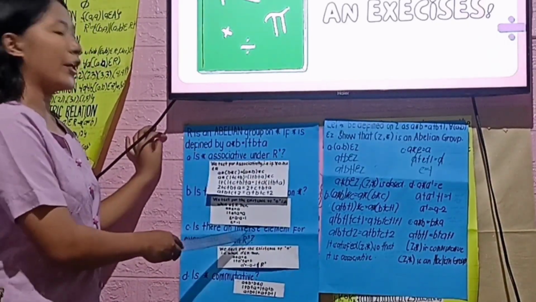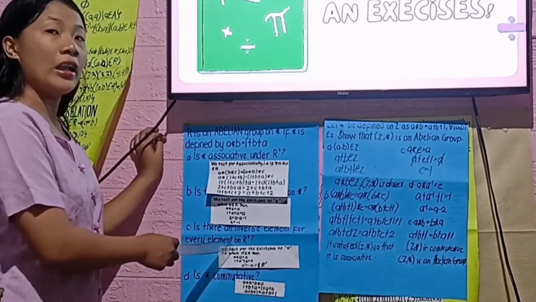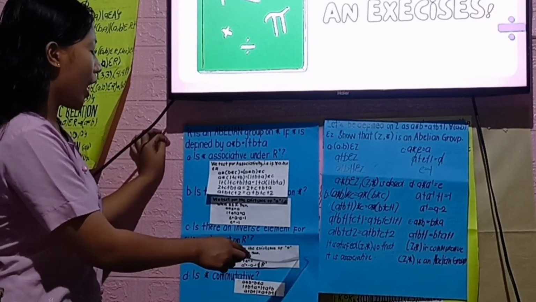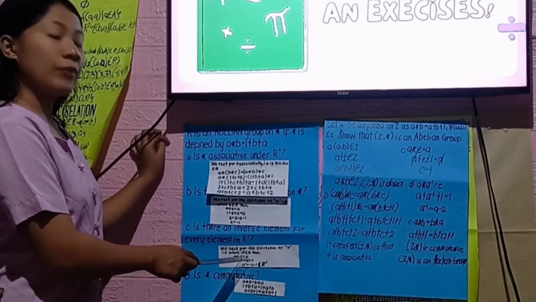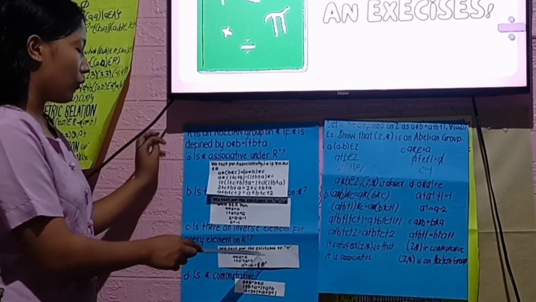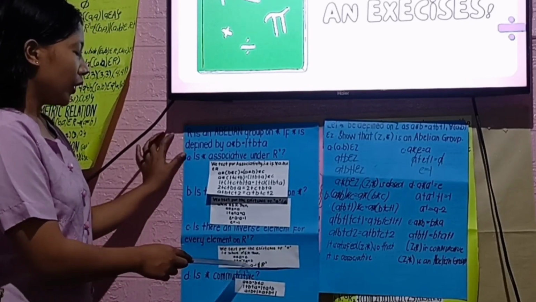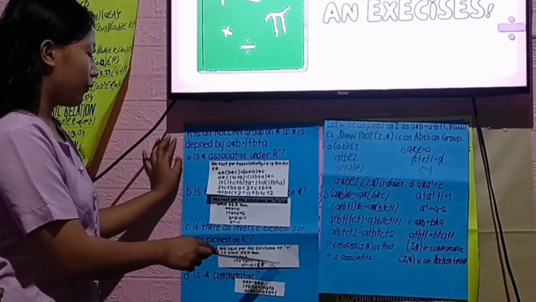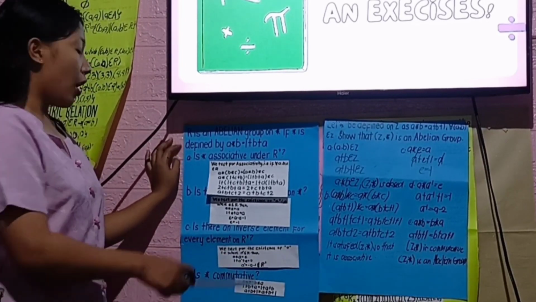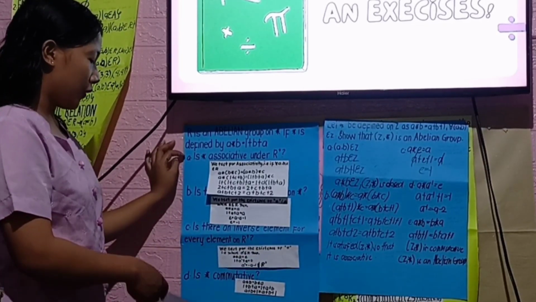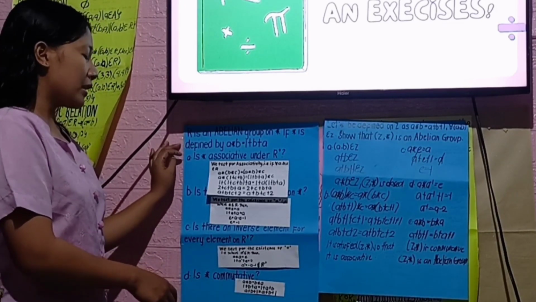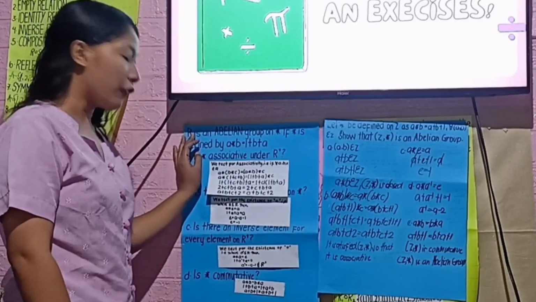Is there an inverse element for every element of R positive? We test for the existence of A inverse, where A inverse is an element of R. So A inverse is equal to negative A minus 1. Then, it's not an element of R positive. Is star commutative? Yes, it is commutative, just a formality.